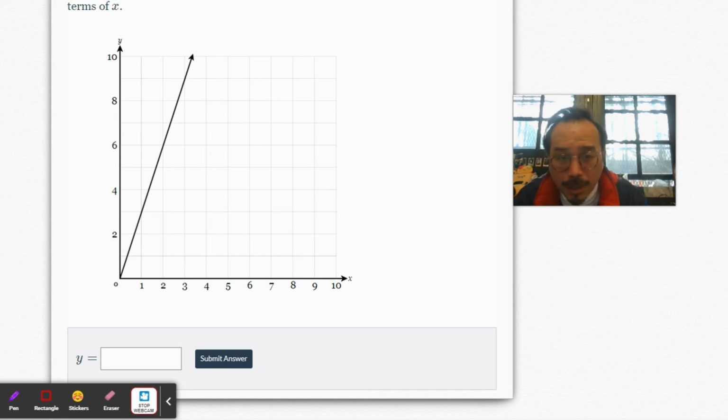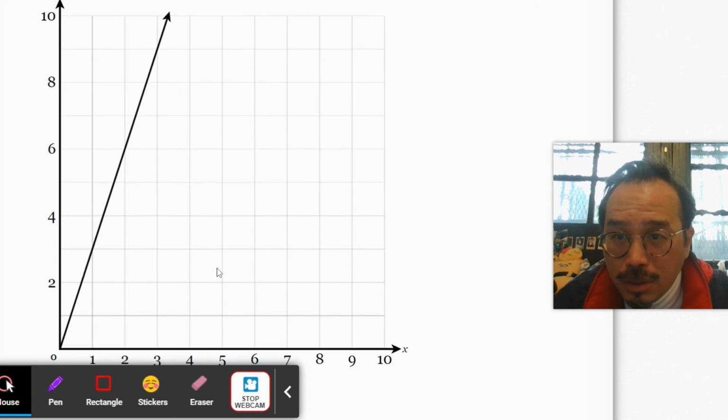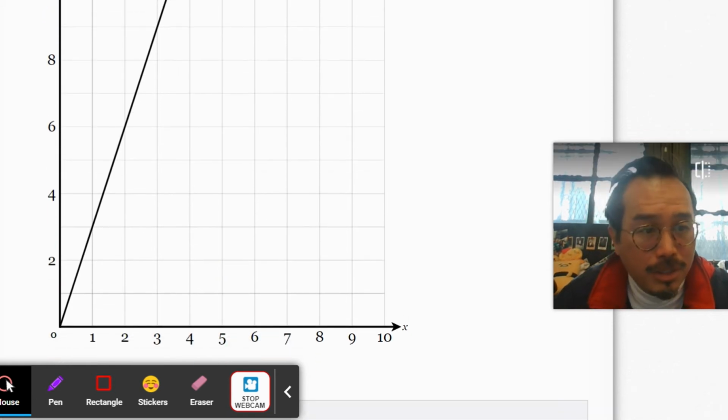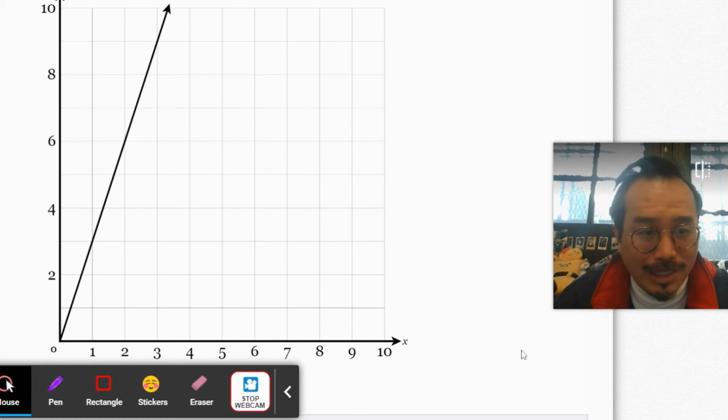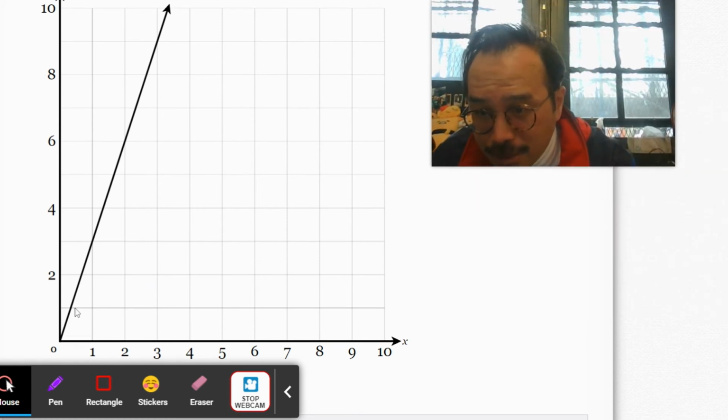Now, I'm going to make the graph bigger again so I can demonstrate to you. In other words, what I'm trying to do is find a unit rate. If I haven't done this in class yet, we're just going to follow this line. You see where my arrow is? I'm going to start at the origin at 0, 0. I'm just going to follow. You see what I'm doing, right?